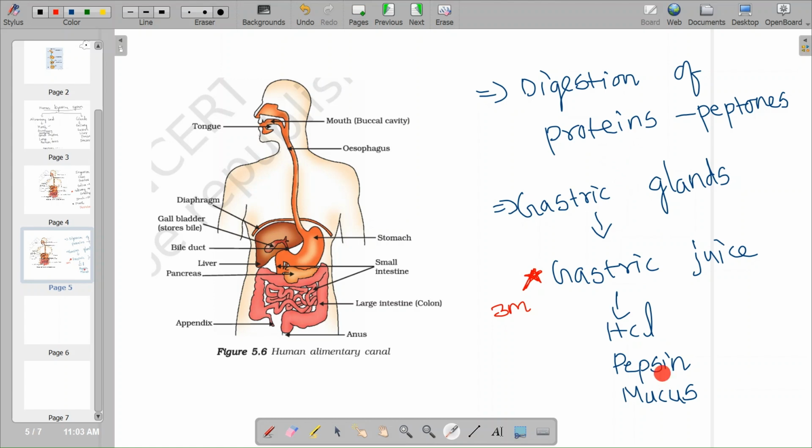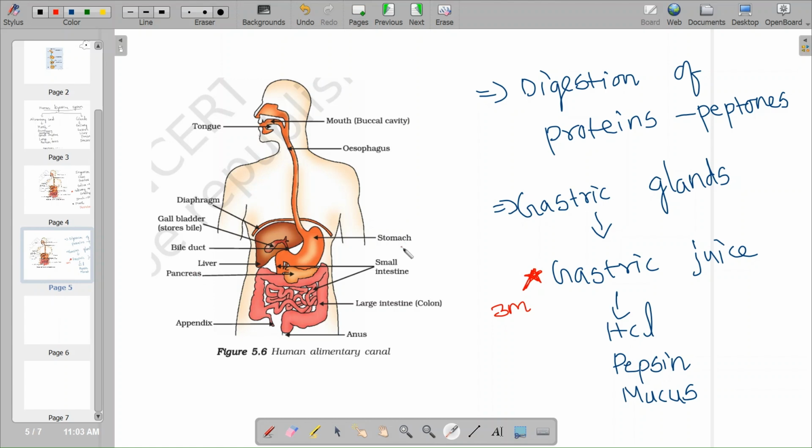The enzyme present in our stomach for the digestion of protein is pepsin. Mucus protects the wall of the stomach from the hydrochloric acid. So gastric juice contains hydrochloric acid, pepsin, and mucus.